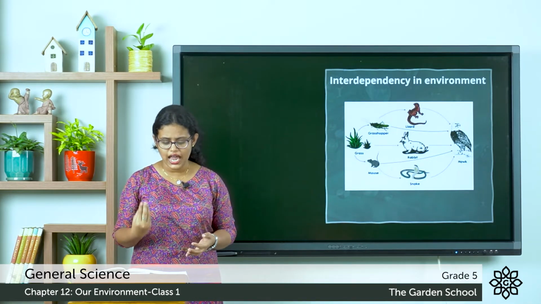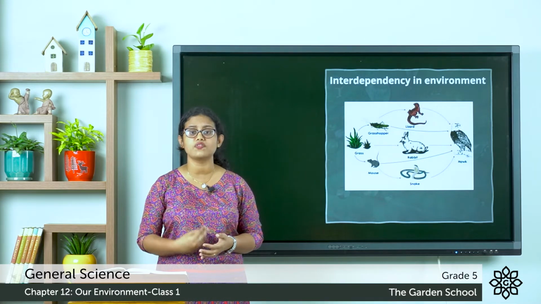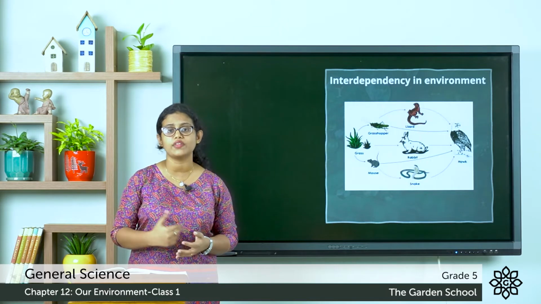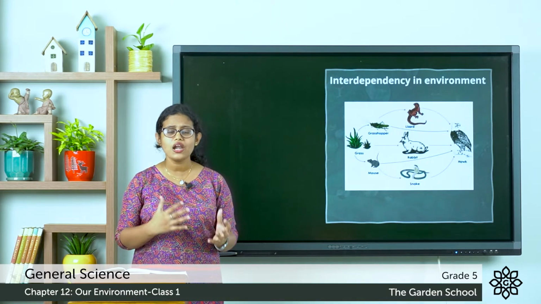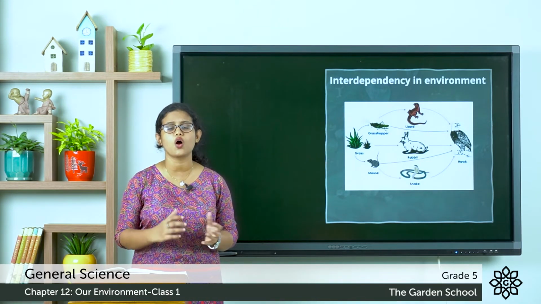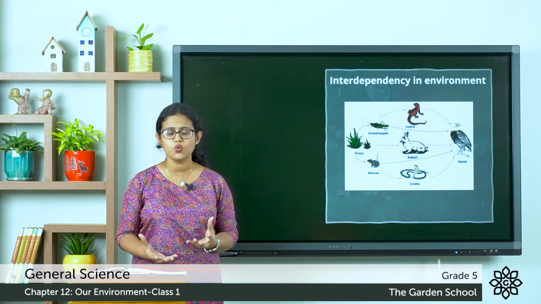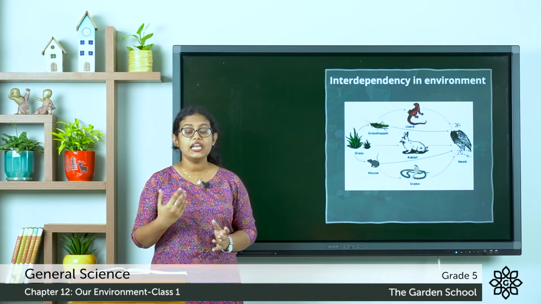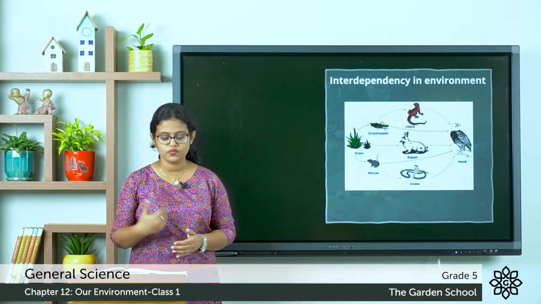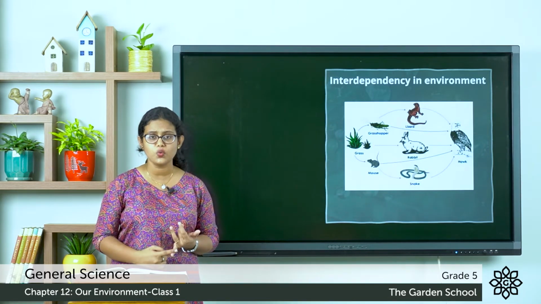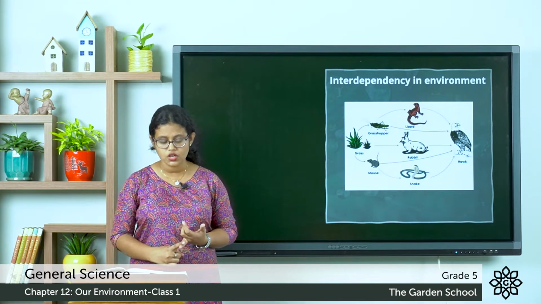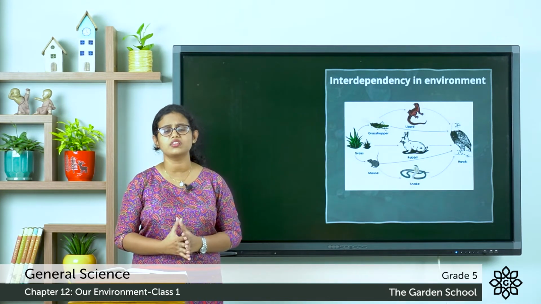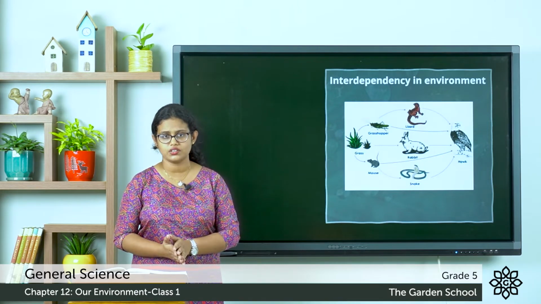And animals like eagles and fox depend on rabbits and squirrels for their food. So all living things are dependent on each other for their food, in order to live. The living things also depend on their environment for their food, for air, for shelter, etc. So we can conclude that all living things depend on each other.